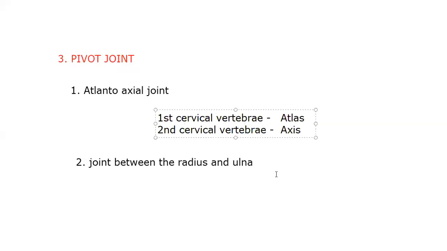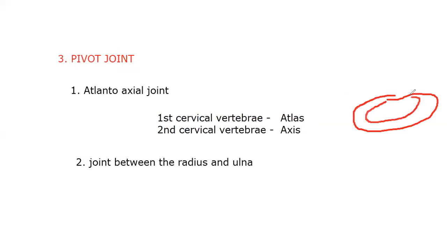So this joint is present here. Let me show you. This is a ring-like vertebra, that is atlas. Into this atlas the axis entered. So we call it the atlantoaxial joint.